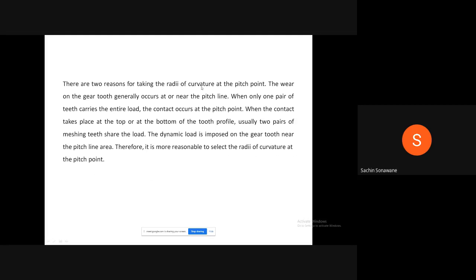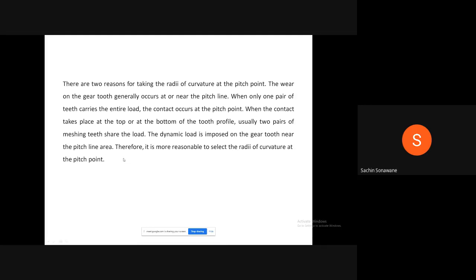Therefore, what this paragraph says: the general or major wear of the gear tooth occurs at or near the pitch point. This is the first point. And second, when only one pair of teeth carries the entire load, the contact occurs at the pitch point.